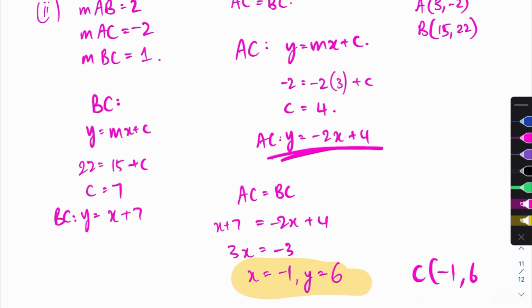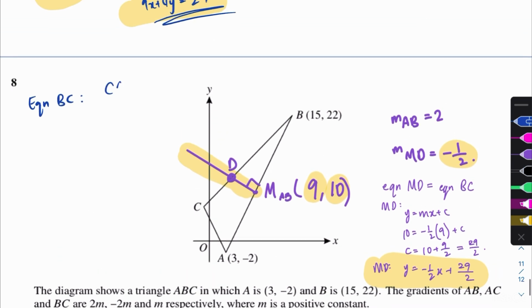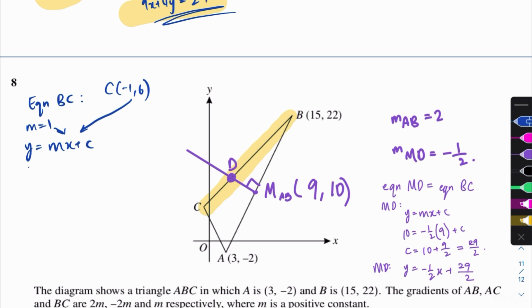Yep, negative 1 and 6. We already have the gradient of BC because it's just 1. So m equals 1, and we've got a point. So y equals mx plus c. Substituting the point in, substituting the gradient in. 6 equals minus 1 plus c. C equals 7. So then y equals x plus 7. This is our BC equation.